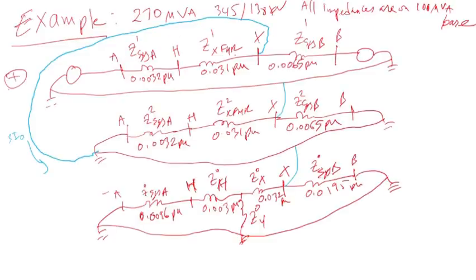The positive equivalent impedance, from the previous videos, is the positive sequence impedance of system A plus the positive sequence impedance of the transformer, in parallel with the positive sequence impedance of system B. If you go to the diagram, it will be obvious: this impedance plus this, in parallel with this impedance.